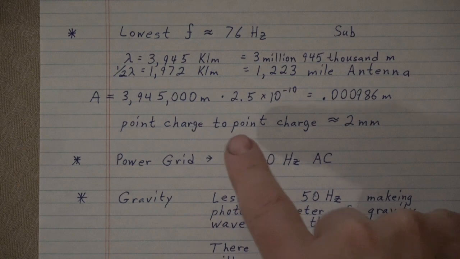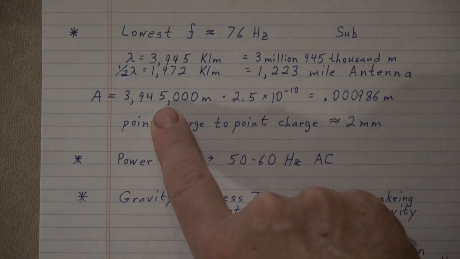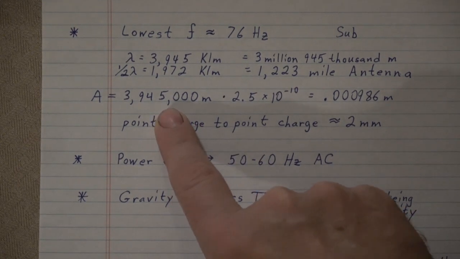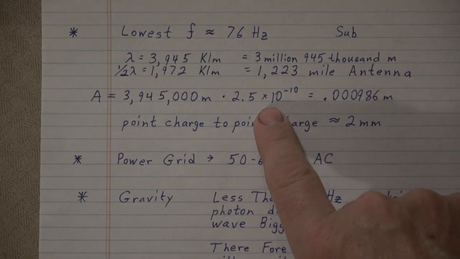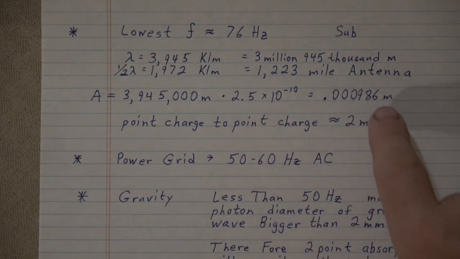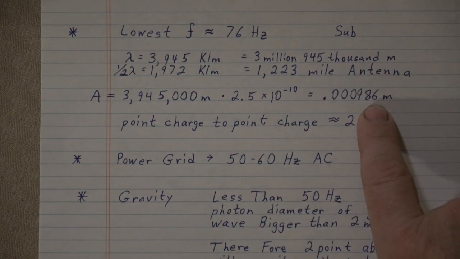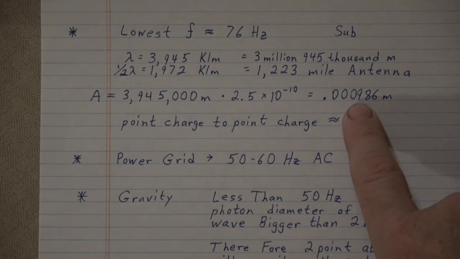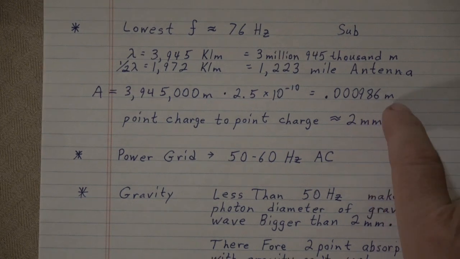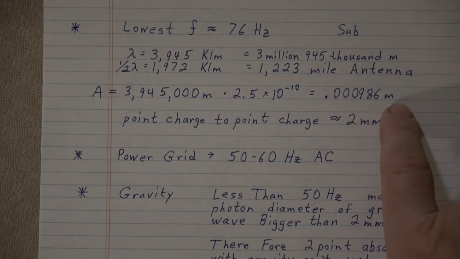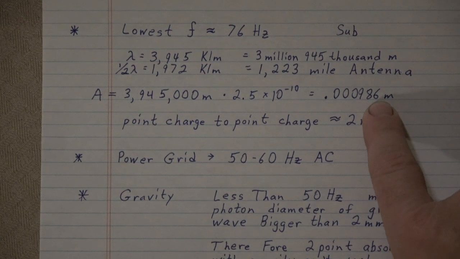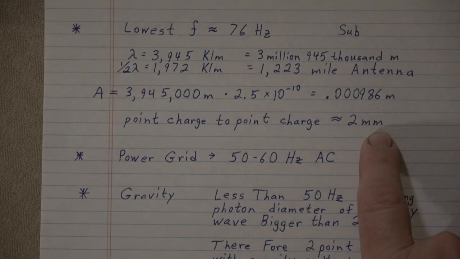The amplitude of it is the wavelength times the constant, and I get an amplitude of approximately 1/1000th of a meter. Or if you were to double that to make a diameter, you're looking at about 2 millimeters between charge points.